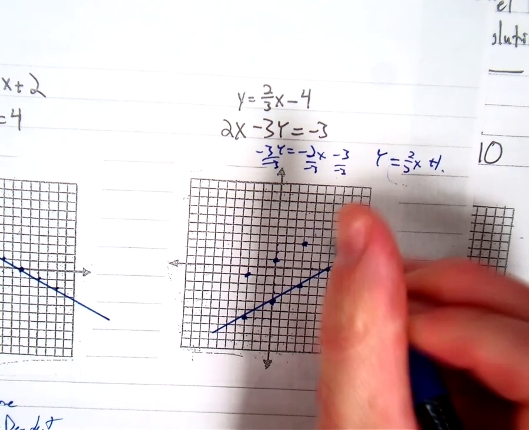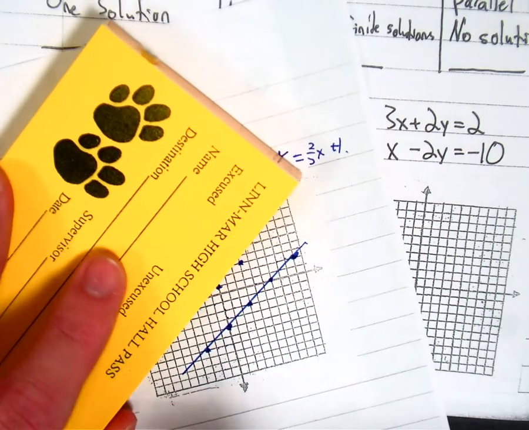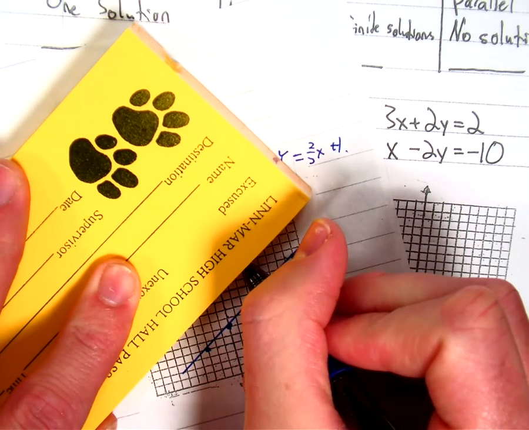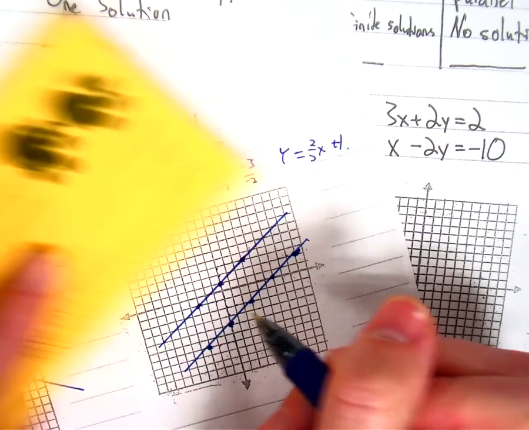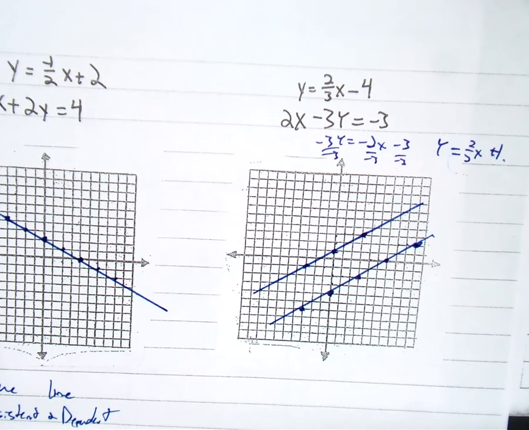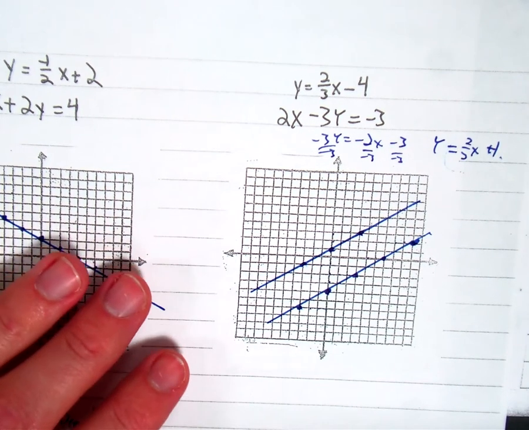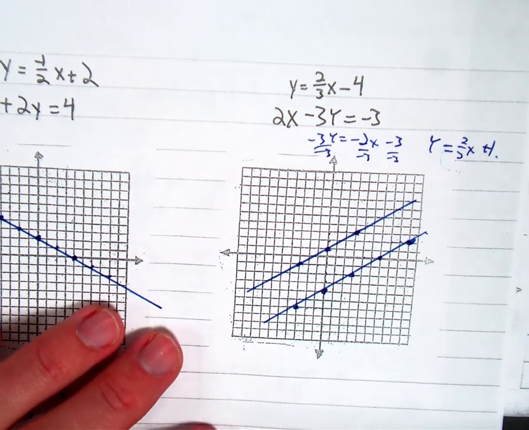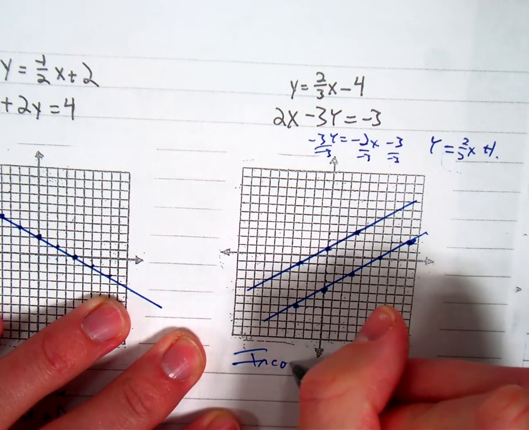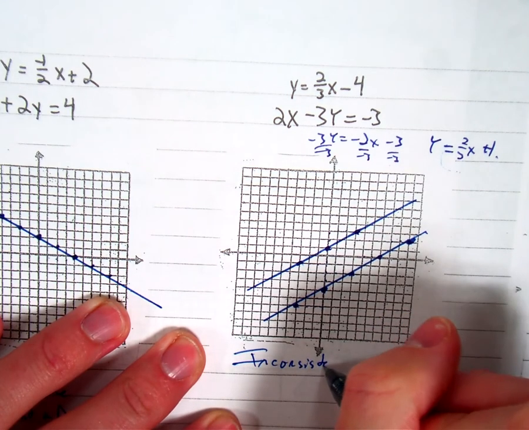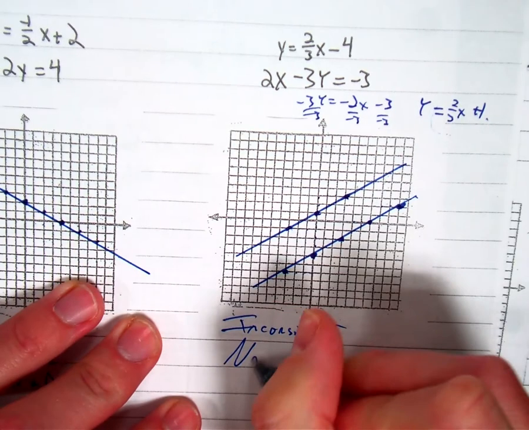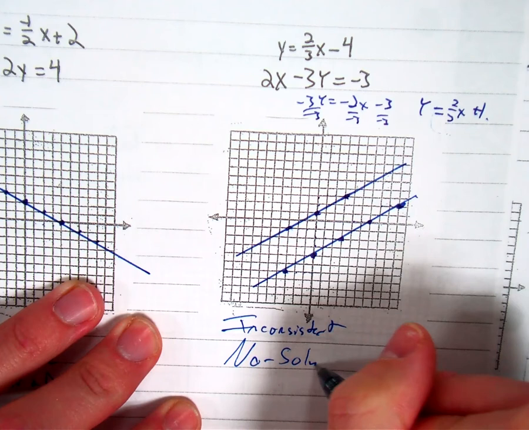Let's go down 2, backwards 1, 2, 3. Same slope means parallel lines. Alright, never going to cross. Okay? So that is going to be inconsistent. No solutions.